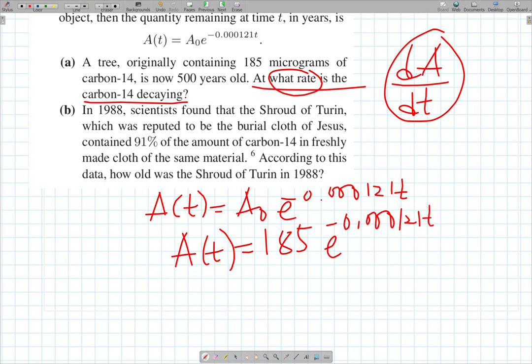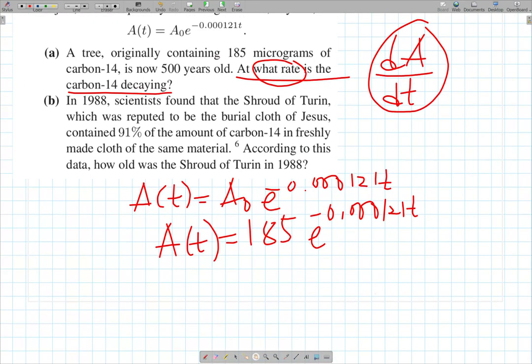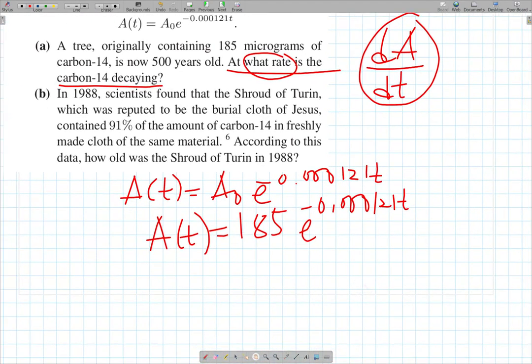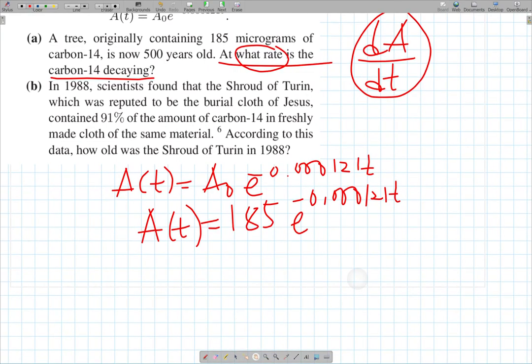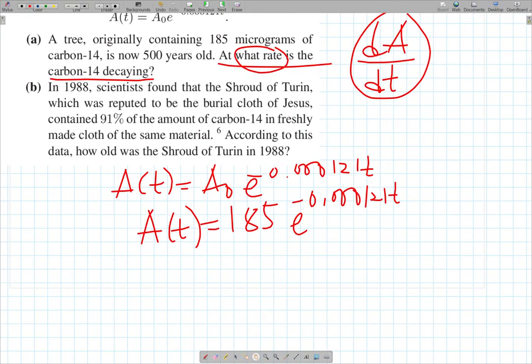Okay, so yan na ang bagong equation natin, no? Kasi may initial na carbon 14 which is equals to 185 micrograms. So since the question is at what rate is the carbon 14 decaying, meaning he is asking for dA over dt, kasi ang ibig sabihin ng rate, that is derivative of A with respect to time t.